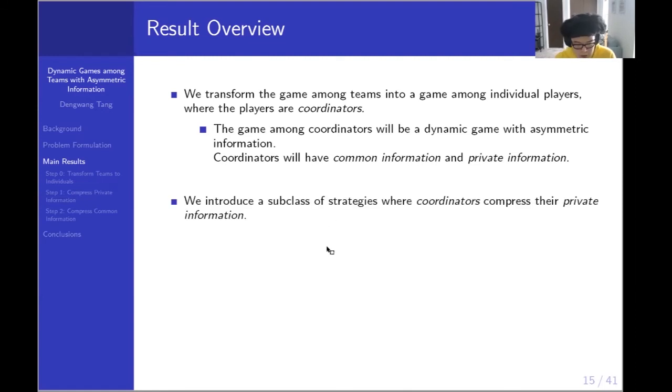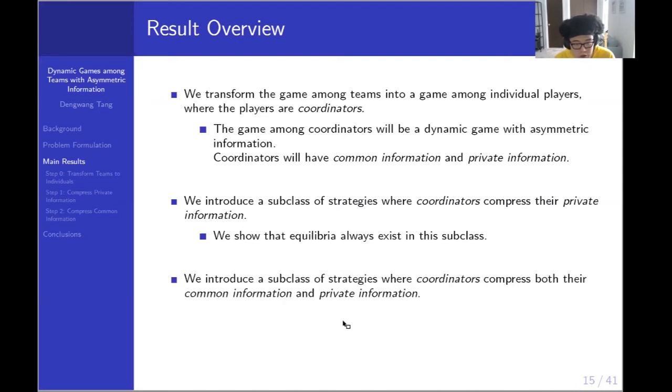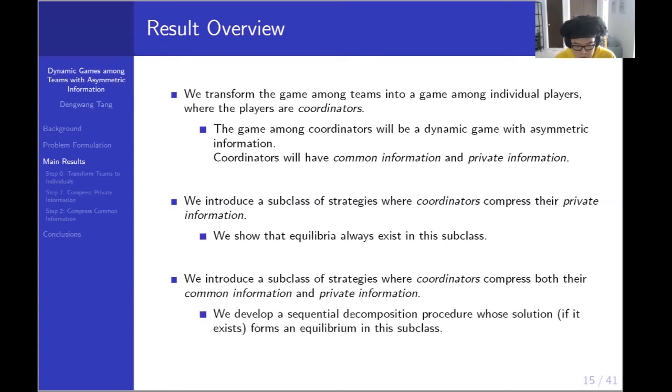Then we solve this lifted problem. In this lifted problem, we introduce a subclass of strategies where coordinators can compress their private information, and we will show that equilibria exist in this subclass. Finally, we introduce a subclass of strategies where the coordinators compress both their common information and their private information. In this case, we are able to develop a sequential decomposition procedure to determine those equilibria, if this procedure succeeds in finding a solution.